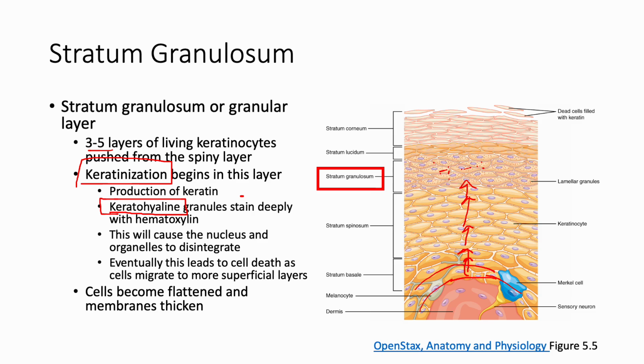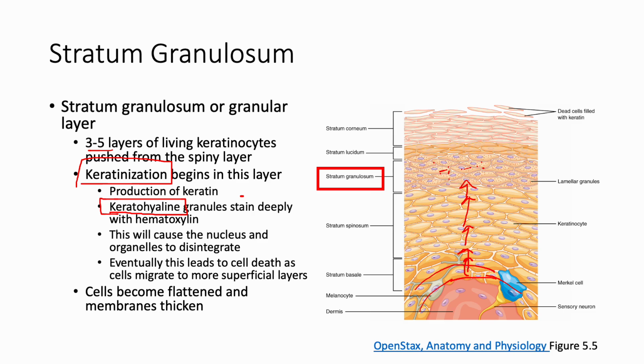Now, as this process occurs and more keratin is produced, essentially the nucleus and the other organelles are going to disintegrate. So once a cell loses the nucleus and the organelles, it's no longer living, right? It's going to be a dead cell. However, it's going to be full of that keratin.